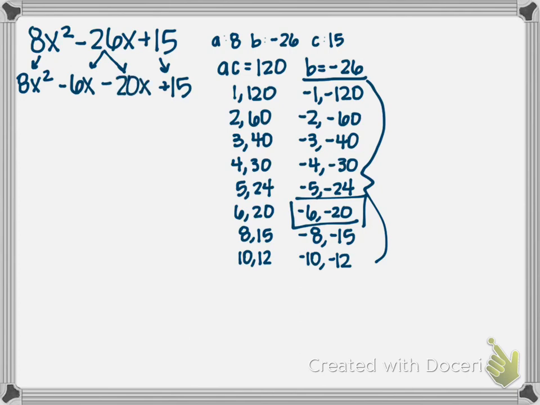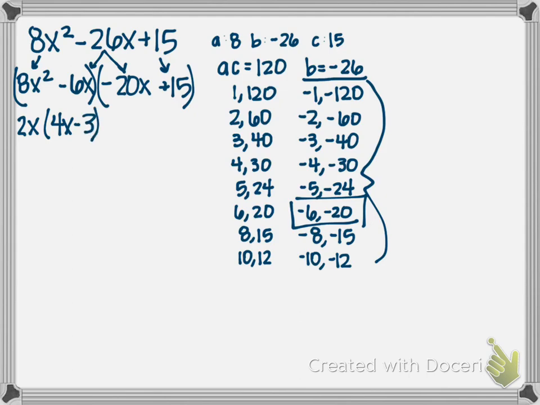The order does not matter. You'll just end up with a different factor group if you switched the -6x and the -20x, but your answer will end up being the same. So I'm pulling GCFs out of each of these. 8x squared and -6x have 2x in common, so I'm going to take out a 2x. That leaves me with 4x minus 3.